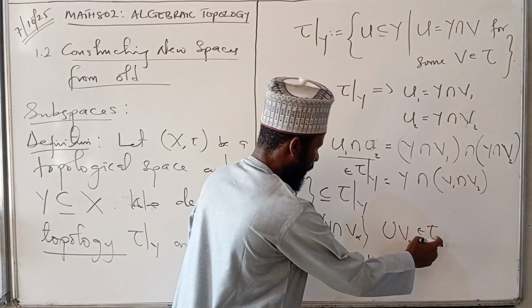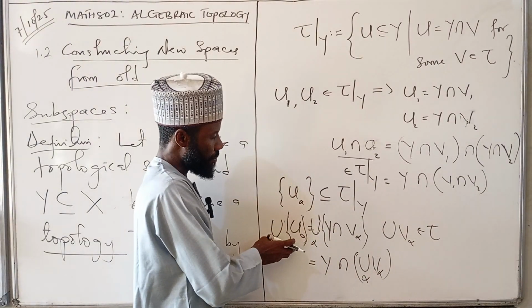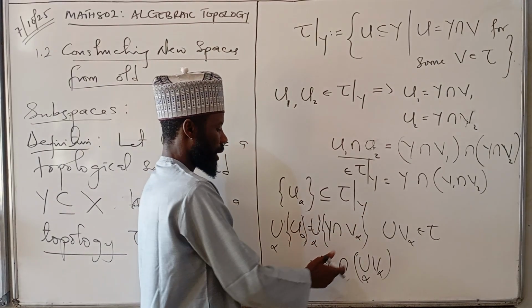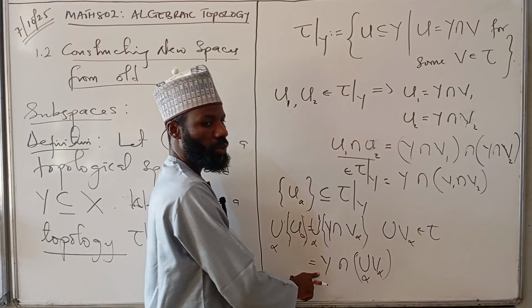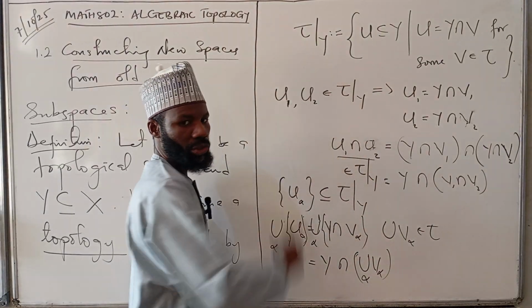But this is in tau. And so therefore, the arbitrary union of members from tau restricted to y is written as y intersection open sets in tau. So this is indeed a topology.